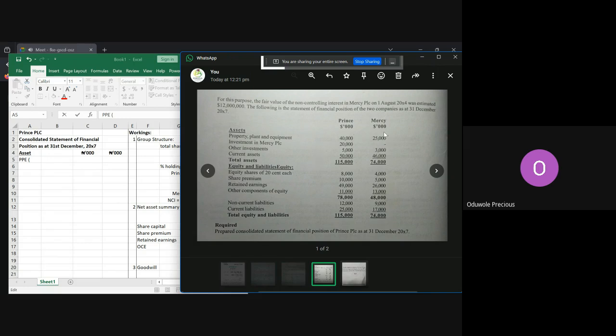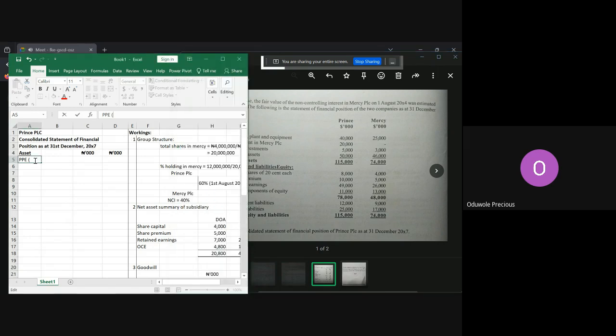So what you now do is that because we are consolidating, you add the two together. So that PPE is now going to be 40 plus 25.